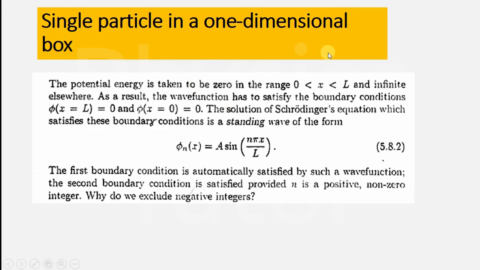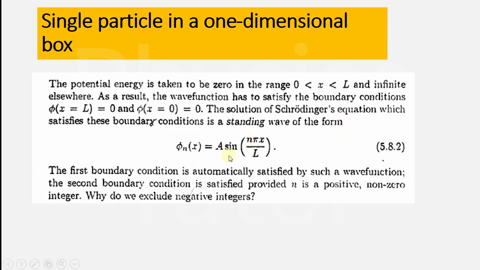To study the wave function of a particle in one dimension, we use this formulation in which phi is the wave function, n is the quantum number from the boundary condition whose value is positive, x is the direction along which the particle is moving, and A is a constant. Here sine is taken because the particle is confined with potential energy, and in potential energy we take only height.